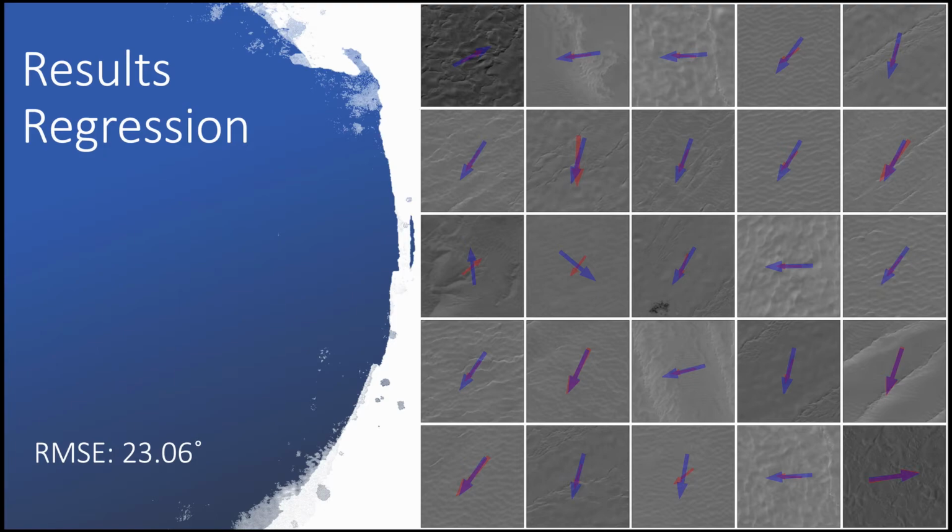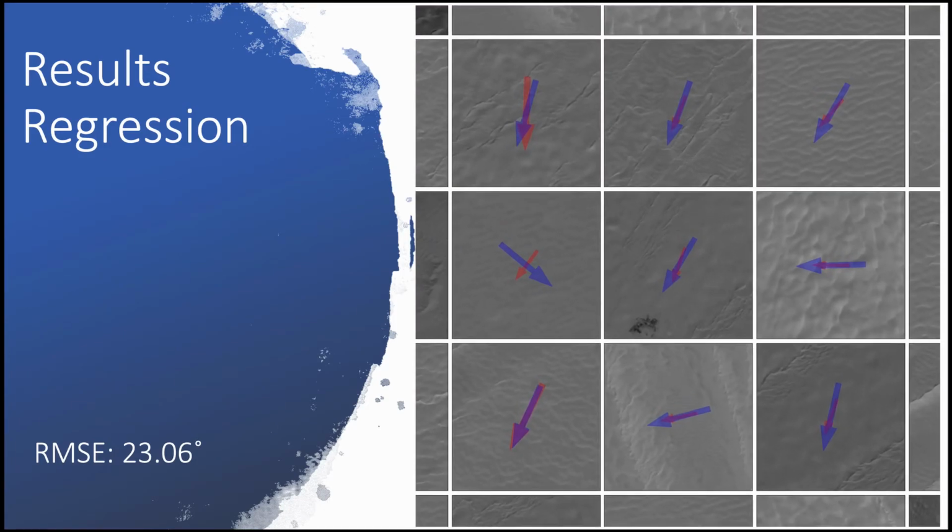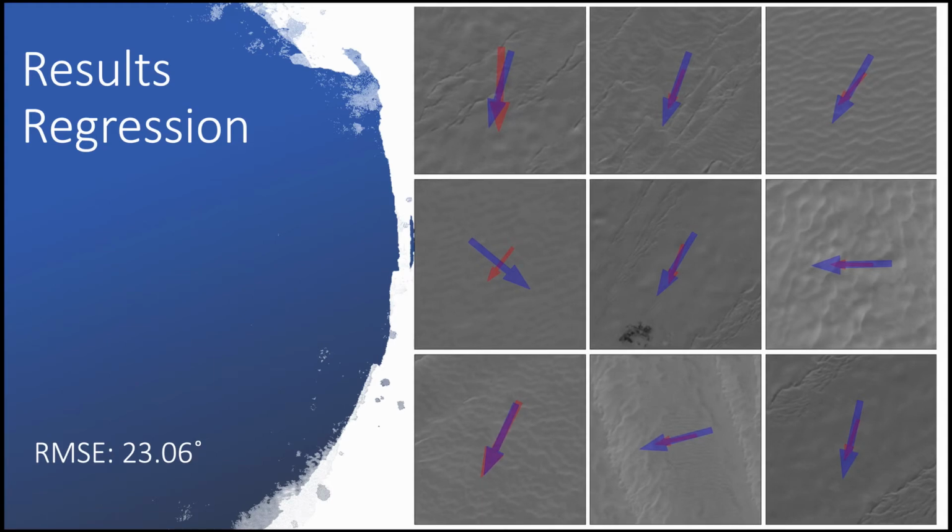of the wind. But I actually think it's even better than that, because if you zoom in and look a little bit at the detail of what's happening, most of these blue and red arrows are extremely similar. However, when the model gets it wrong, it gets it really wrong. Here we have a 45-degree error, which is almost the maximum error you could imagine between these two wind directions.